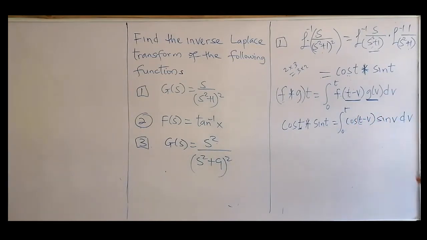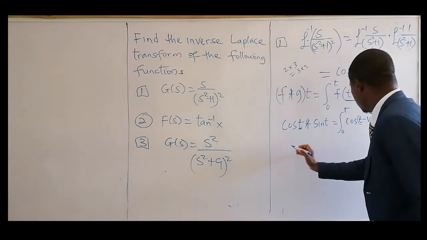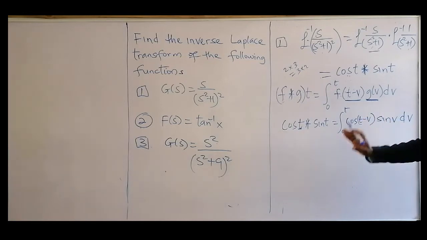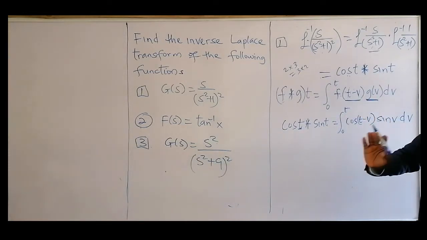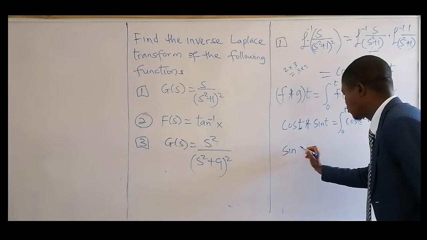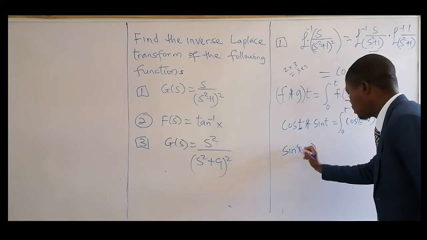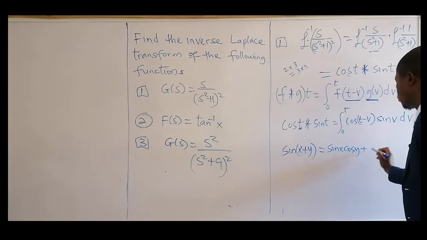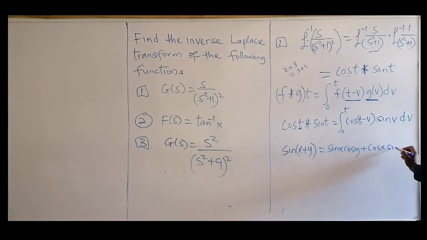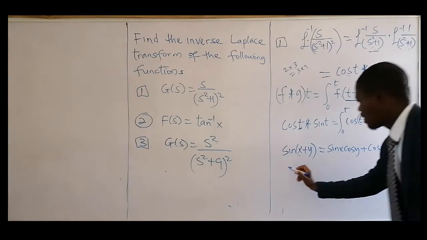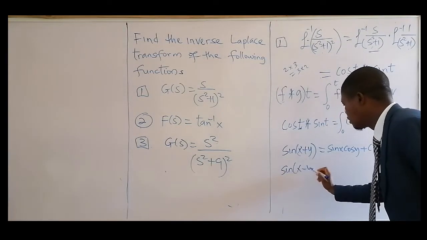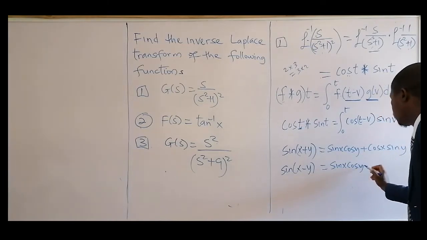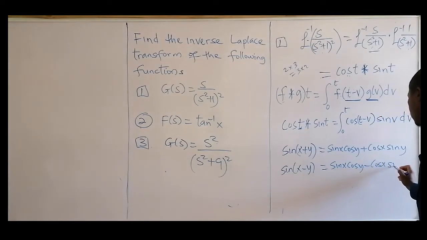It's easier. So don't forget, when you have cos and sine, that means you're having a difference of sines. What I mean is this: sine of x plus y gives you sine x cos y plus cos x sine y, and sine of x minus y gives you sine x cos y minus cos x sine y.